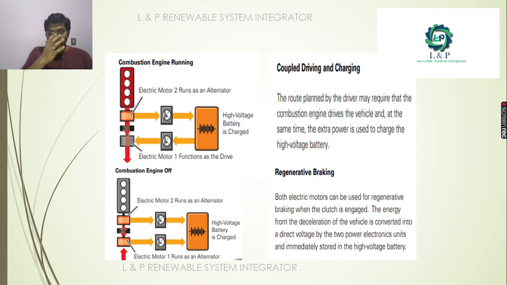And the regenerative braking concept is that if our combustion engine is off, both the electric motors can still be used for regenerative braking when the clutch is engaged. If you are pressing the clutch, the energy from the deceleration of the vehicle is converted into DC power with the help of these two power electronic units, which is immediately stored inside this high voltage battery.